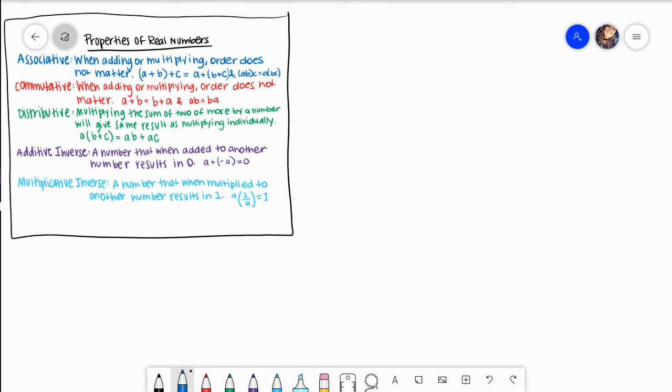Okay, an example of our associative property would be something like 3 plus 4 inside of parentheses and then adding a 6 to that. I'm telling you that it is the same thing as doing your 3 and then adding in parentheses your 4 plus 6.